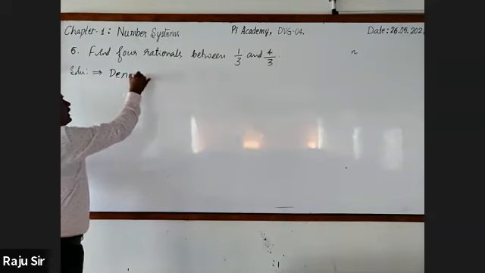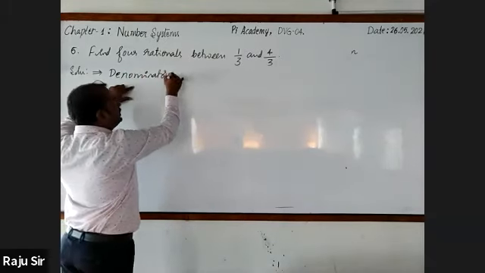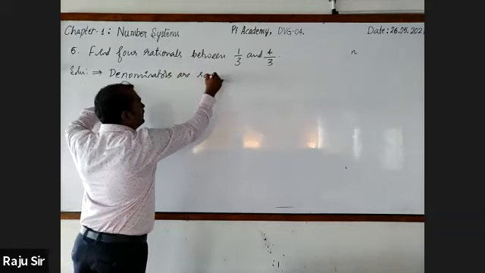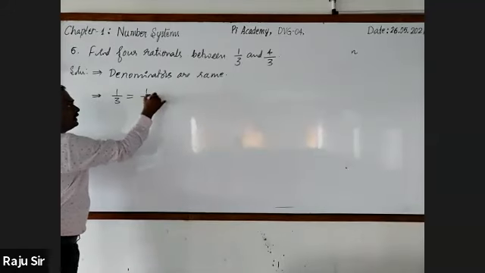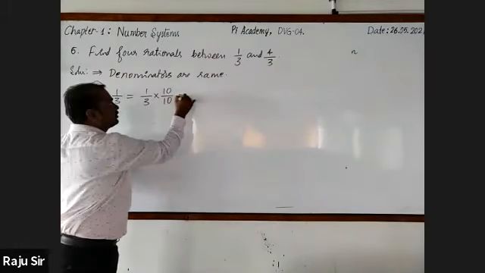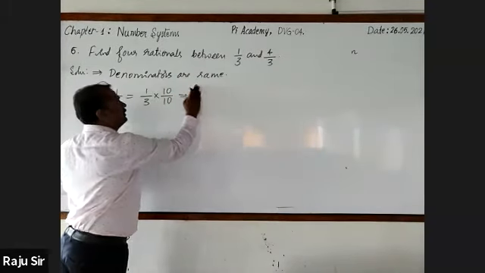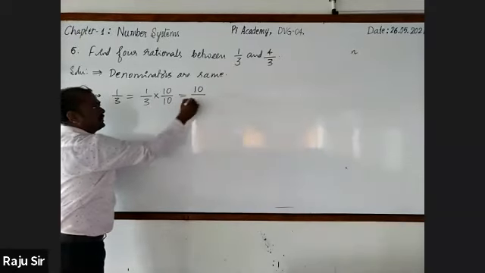Denominators are the same. For your reference only, I've been writing. Therefore, you can follow this. 1 by 3 is equal to 1 by 3 into 10 by 10. It is equal to, multiply numerator, 10 ones are 10, 10 threes are 30.